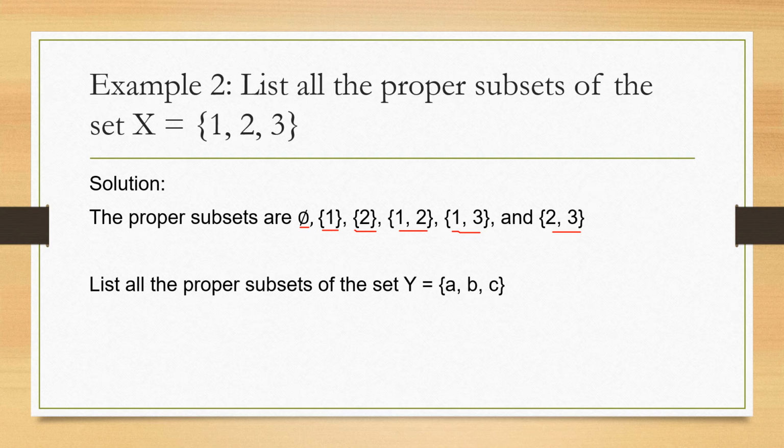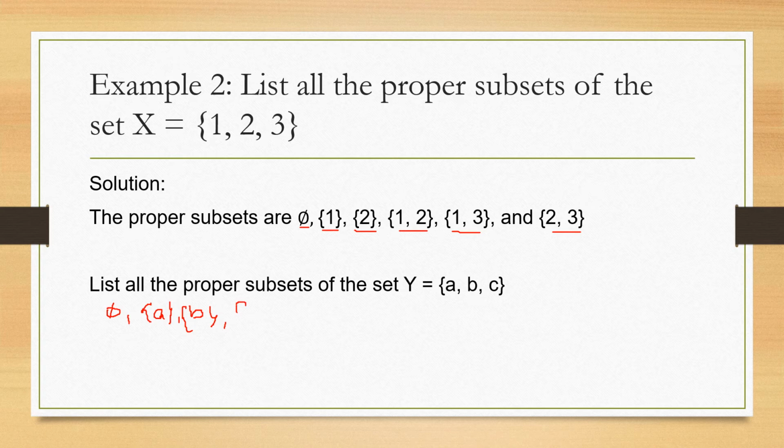Next, list all the proper subsets of the set {A, B, C}. So, for the proper subsets of this set, we have the null set, A, B, C. What else?